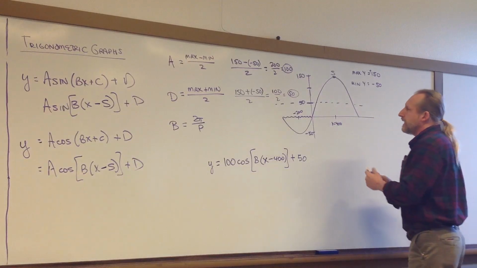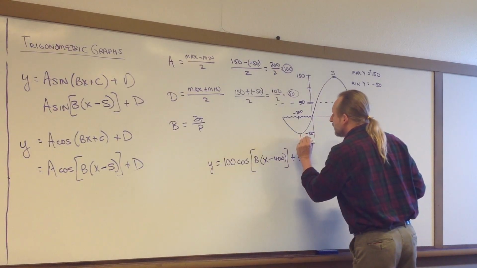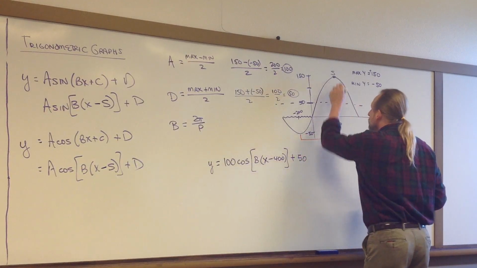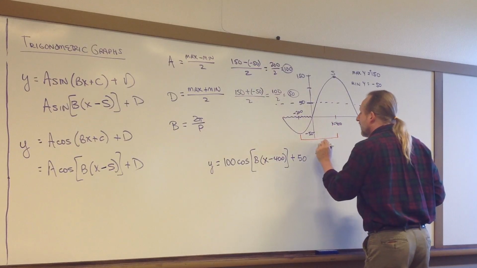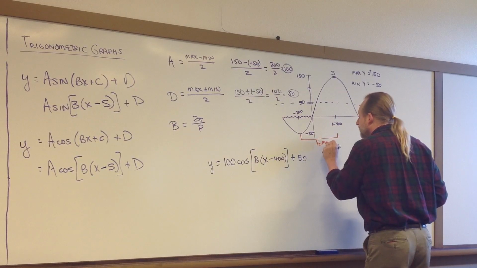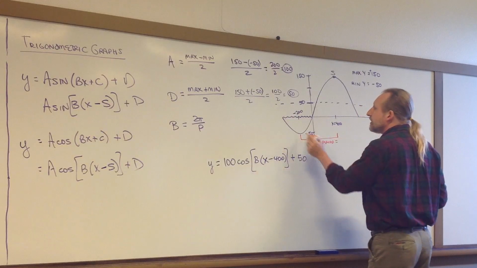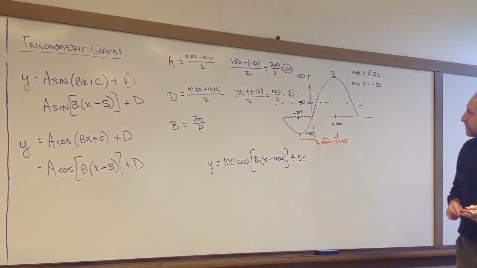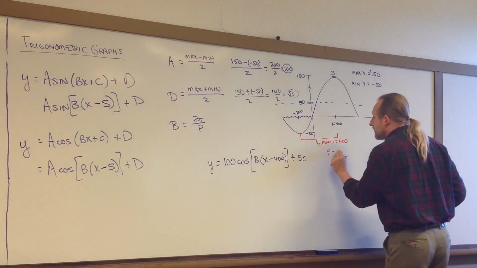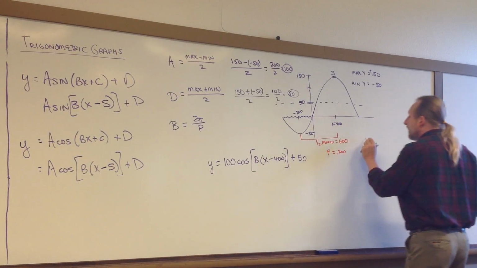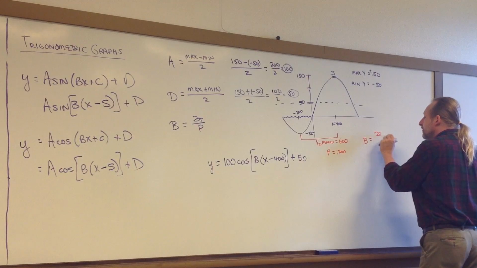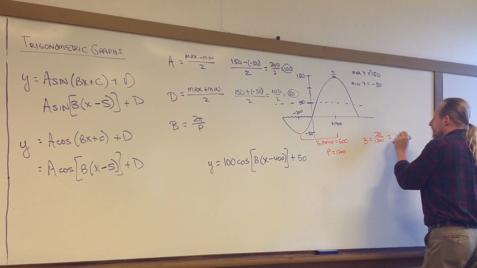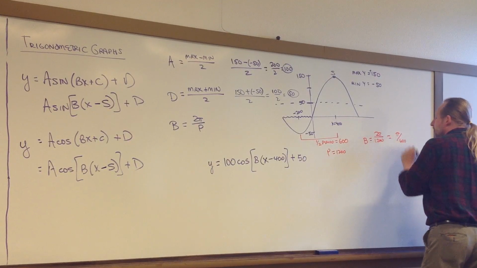What we can look at here is this from the minimum to the maximum. That is 1/2 the period, and that is equal to 200, and 400 equals 600. So that means our period is 1200, and b is 2 pi over 1200, which is pi over 600.